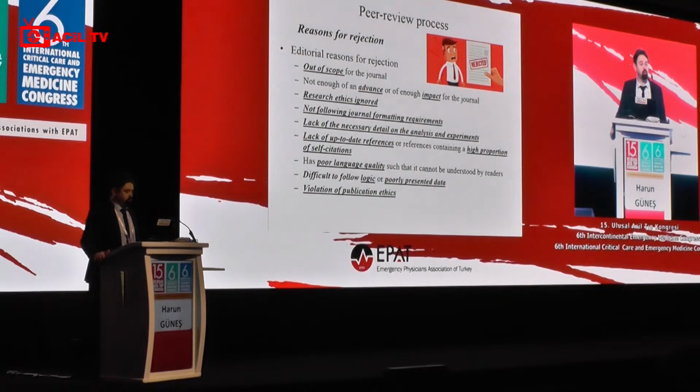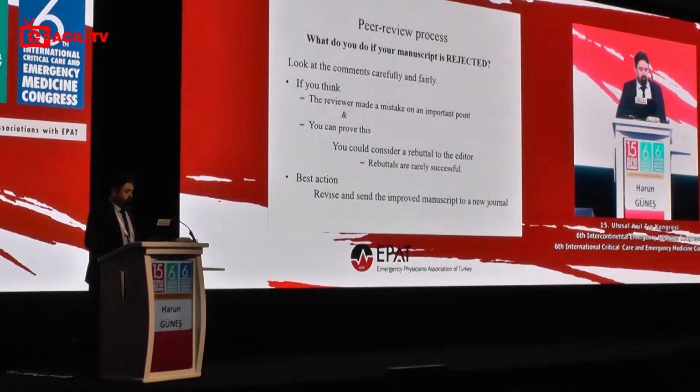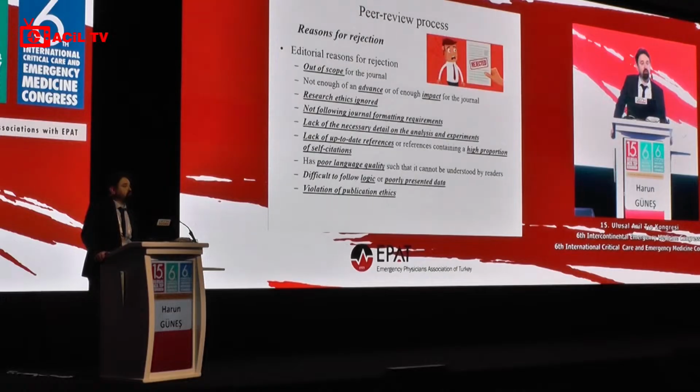Poor language quality and difficult to follow logic, or poorly presented data, and violation of publication ethics are also reasons for rejection of a manuscript. If you have a decision which states your manuscript was rejected, what should you do?